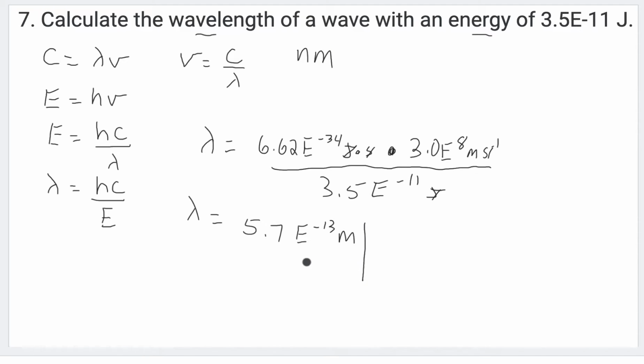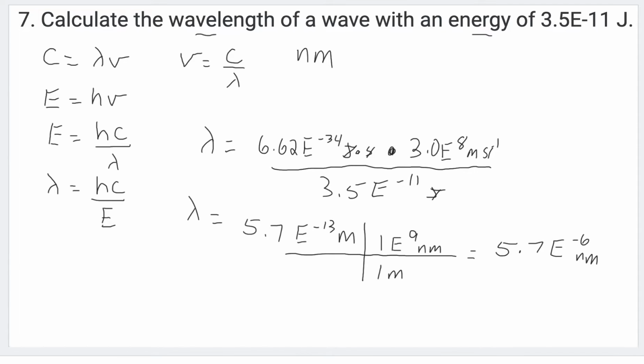So you could do a nanometer conversion by saying 1 meter equals 1 times 10 to the 9th nanometers. And if you do that, you end up getting 5.7 e to the, let's see here, negative 6, and that's going to be nanometers.